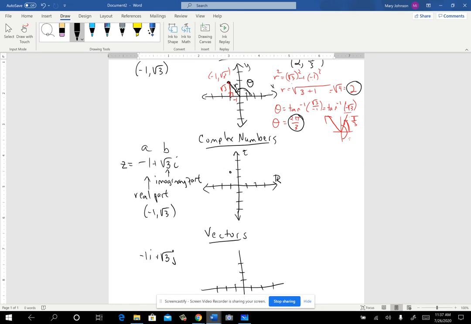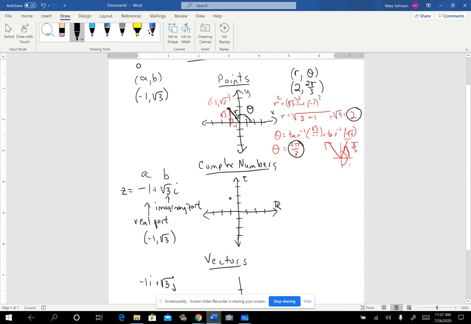Okay. Now, you don't do all the work for all three things. You'll maybe have a complex number and try to put it in polar form. But we're going to make use of what we already found in our first case, in this example, when you have a point. So you just need to know what the form looks like. The polar form of a complex number has the radius, and then it has cosine theta plus i sine theta.